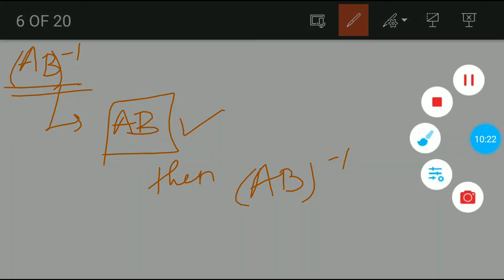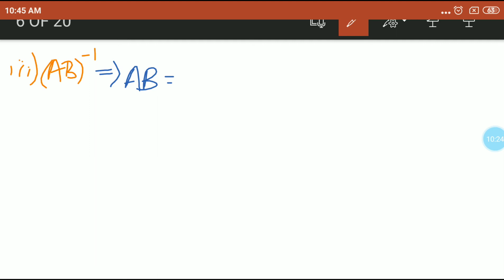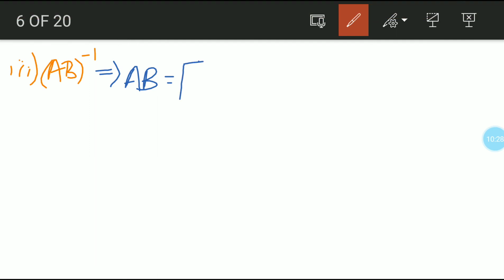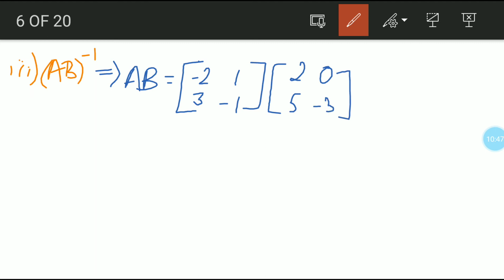Right. So finding AB is simple only. Two matrices were already given to us, that were A was -2, 1, 3, -1, and B matrix was 2, 0, 5, -3.